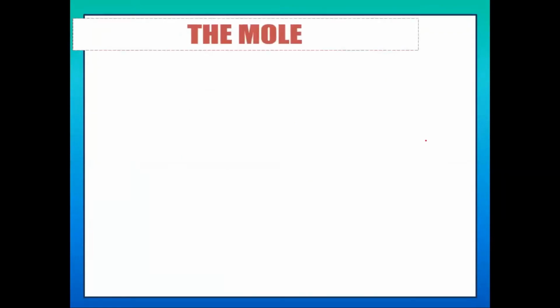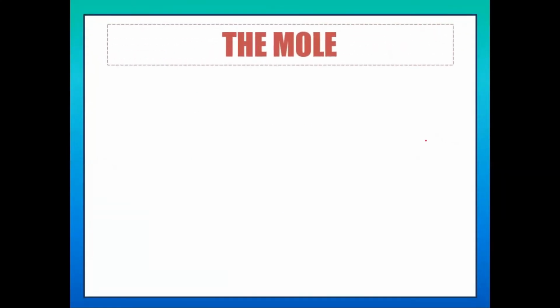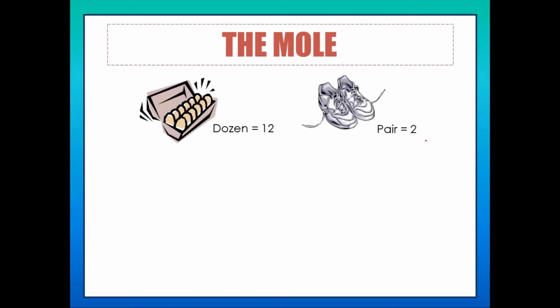So let's talk about the mole. In life, we keep using counting units to easily represent the quantity of materials, like 1 dozen for 12 eggs, or even 1 pair of shoes, which gives us 2 shoes.